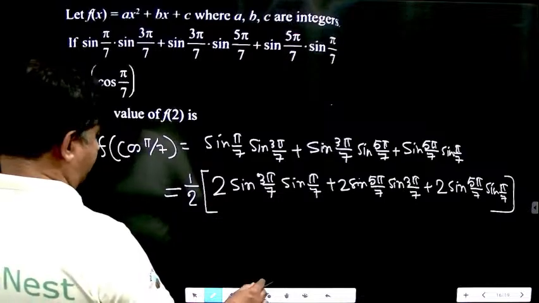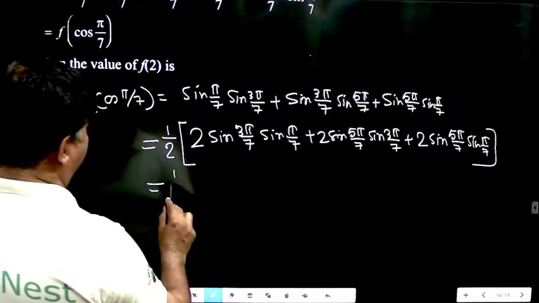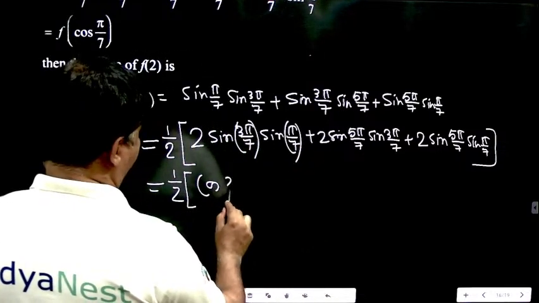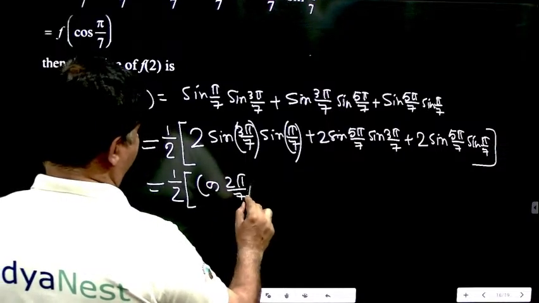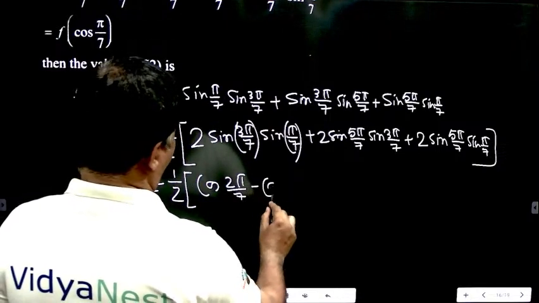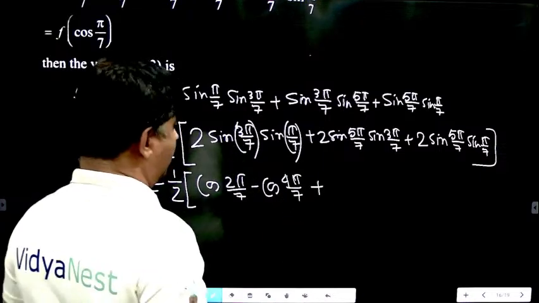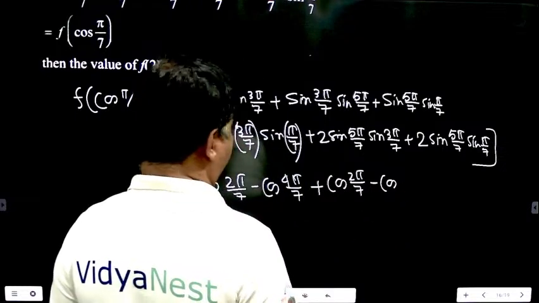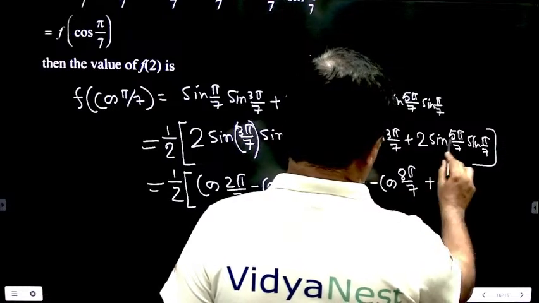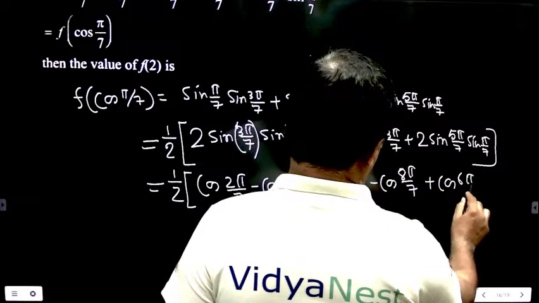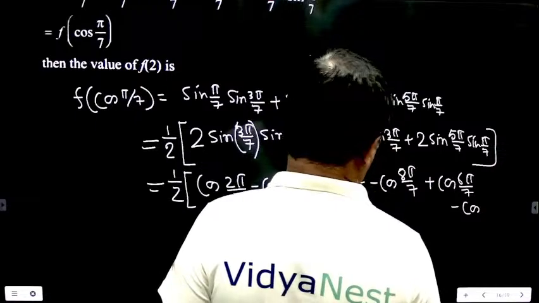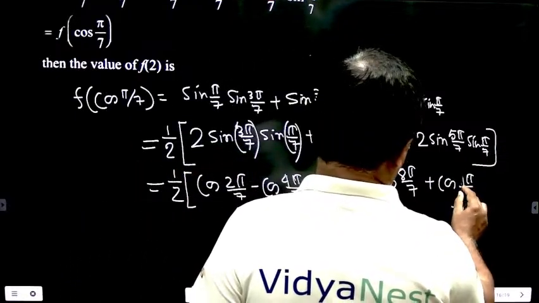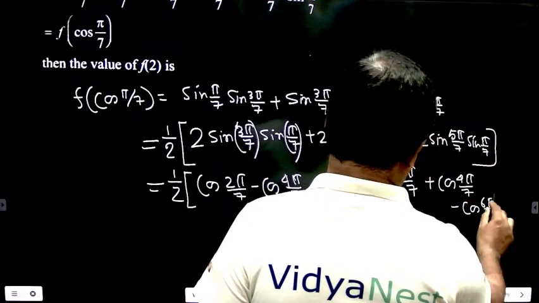Two sin A sin B. Cos A minus B. Here also 2 sin A sin B. Two sin A sin B. Now you observe, can we cancel any term?